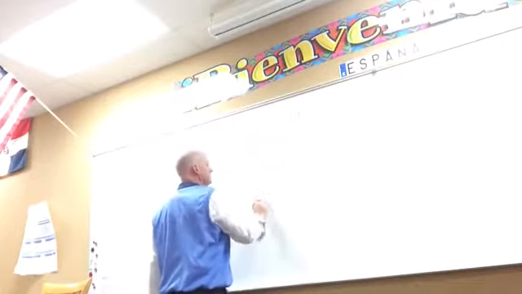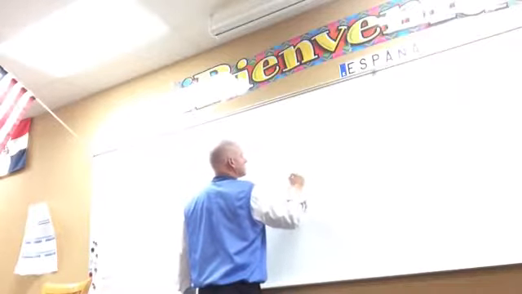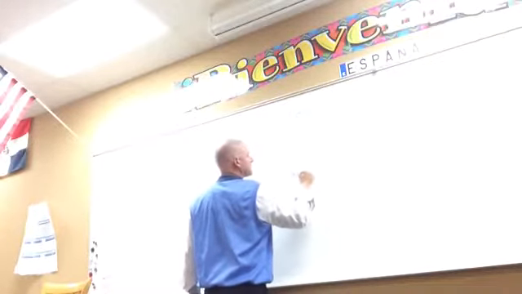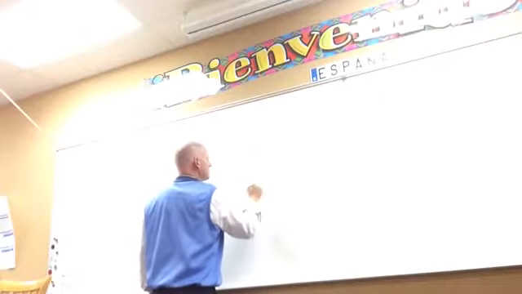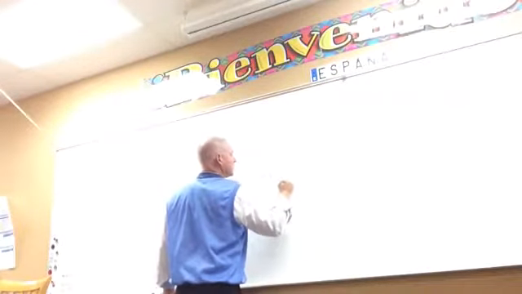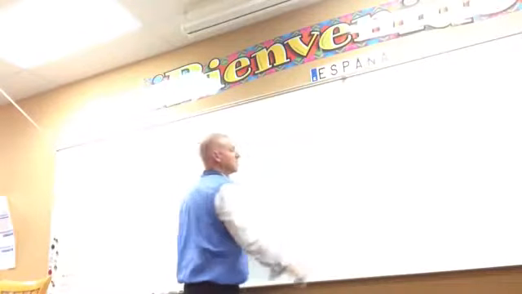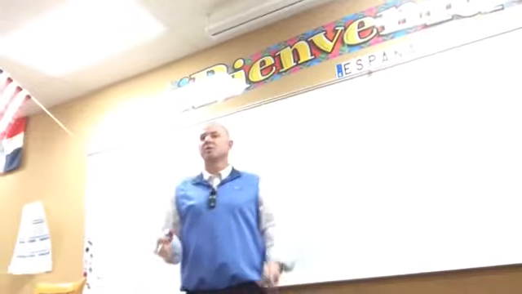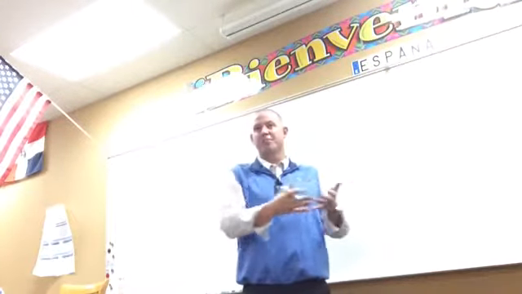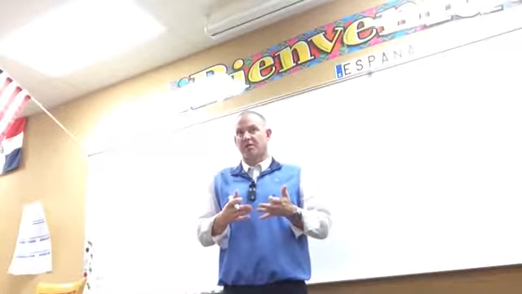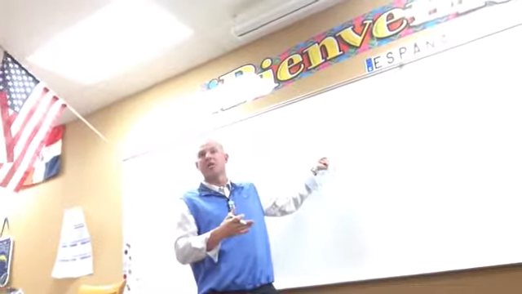Rule number 1 is this answers the question: to whom or for whom. And what that means is if somebody is getting something, right, that person becomes the indirect object pronoun.